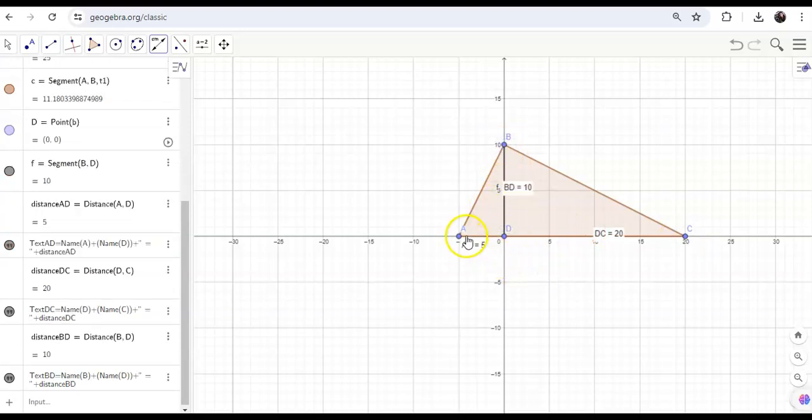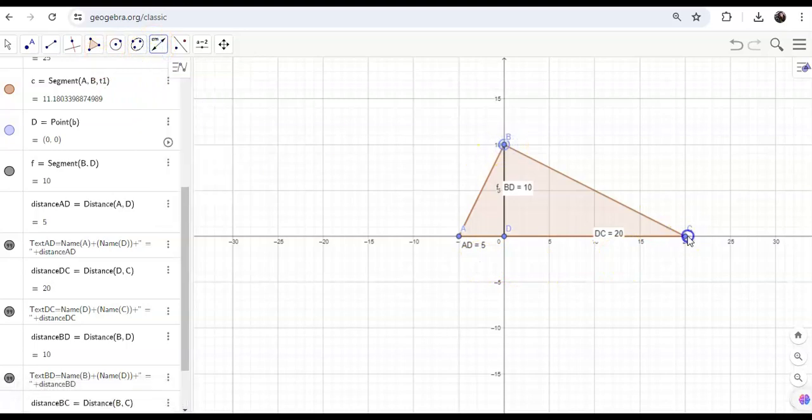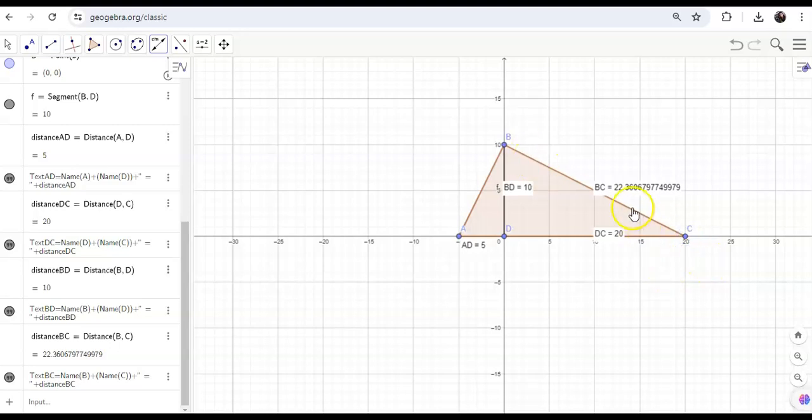So side AD plus side BC is equal to 25. And that is longer than BC because BC is only 22 units. So again, this geometric mean property is only applicable for acute triangles where A plus B is the longest side.